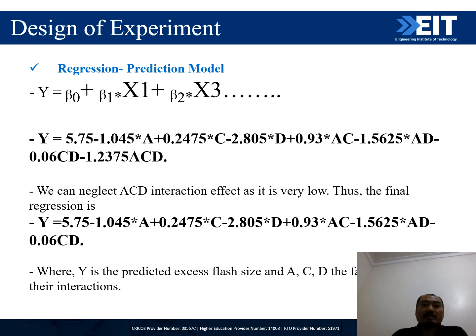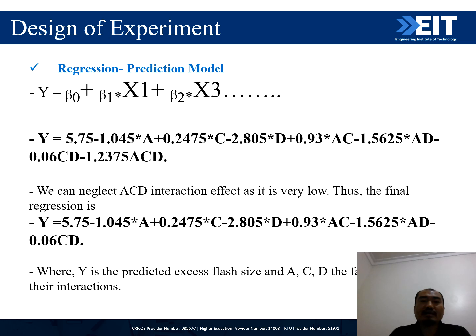So from the regression analysis, one of the important things that we can calculate is the prediction model, and the values of effect, whatever we get from the regression model, can be fit into this prediction model.